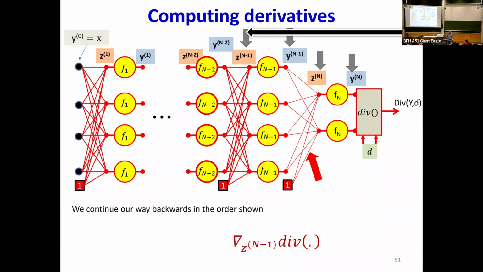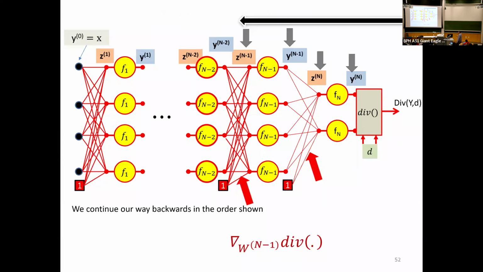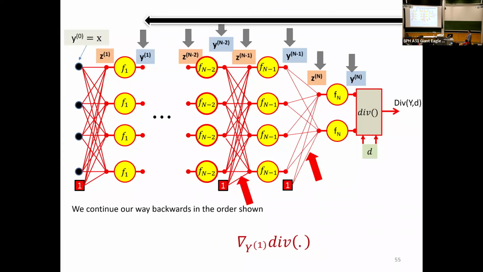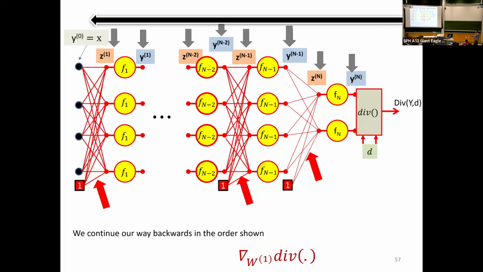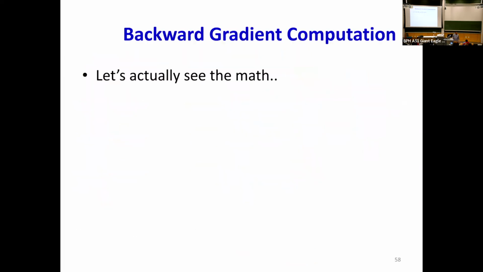You keep chaining these things. And so you're going to keep computing your derivatives going backwards all the way to the parameters of the first layer. In fact, we can even compute the derivatives of the divergence with respect to the input itself, just taking this process one step backwards. And the reason we call this back propagation or error back propagation is that you're starting from there and the computation of the derivatives is going backwards.